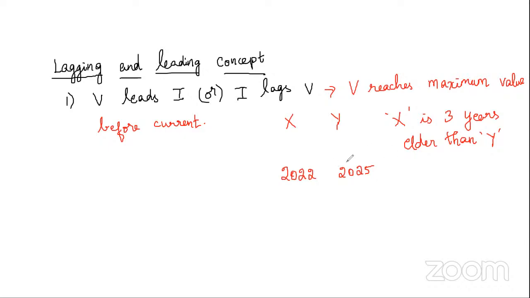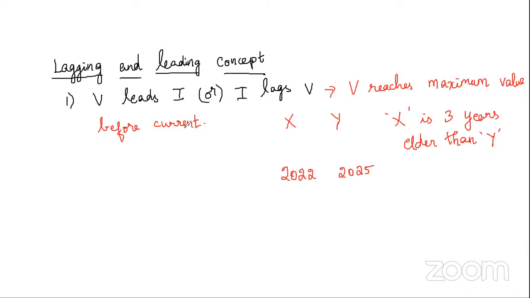In this way, the academic progress of X leads that of Y by 3 years. X is 3 years elder than Y, and that's why X is leading Y by 3 years. Similarly, when we say V leads I, that means voltage reaches maximum value before current.